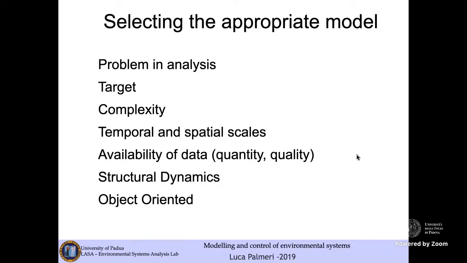Then another important guideline in selecting a model is the complexity. We have already discussed complexity. Complexity is a characteristic of living systems. Living systems are complex systems, in the basic meaning of the word complexity. What complexity means comes from the Latin complexum, which means to embrace.